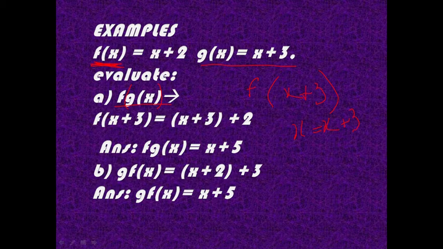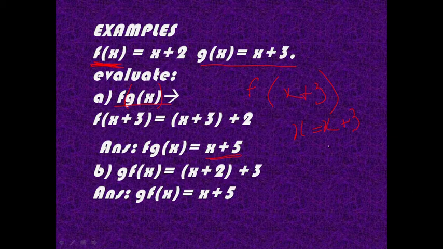You just replace the x by x plus 3, so f of x plus 3 means x plus 3 plus 2, because it's x plus 2. Therefore it's x plus 5. The answer for f of g of x is equal to x plus 5 for this function.